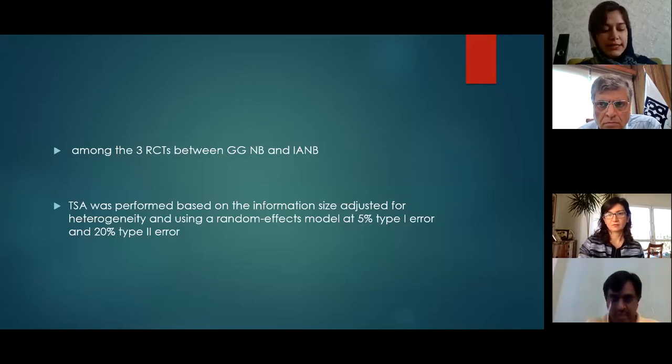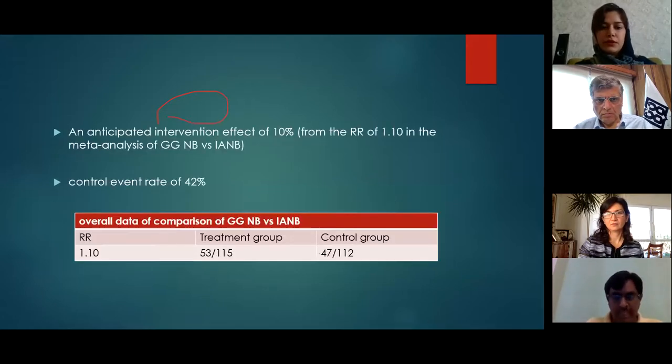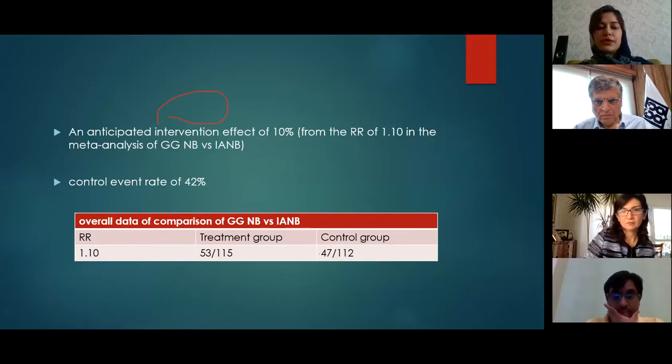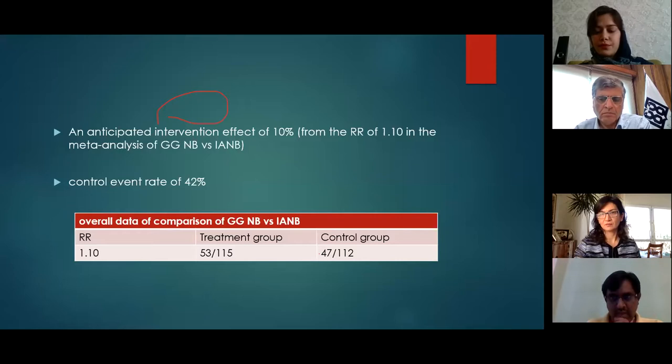I assume that these values are adjusted manually for this particular article. An anticipated intervention effect of 10% and control event rate of 42% is considered for this analysis.